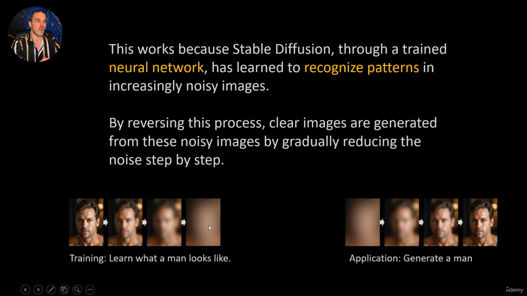And you always tell the AI software, the Stable Diffusion model, to still recognize the man or the image within that noisy image. And during millions of iterations with millions of different images, the software, the neural network, learns to recognize patterns within that noise.